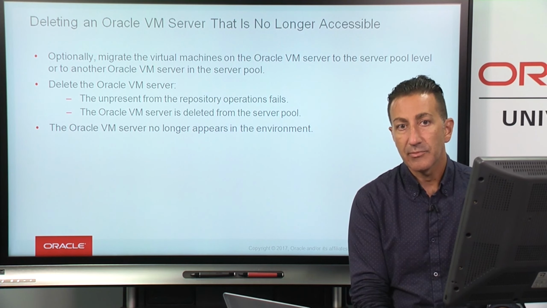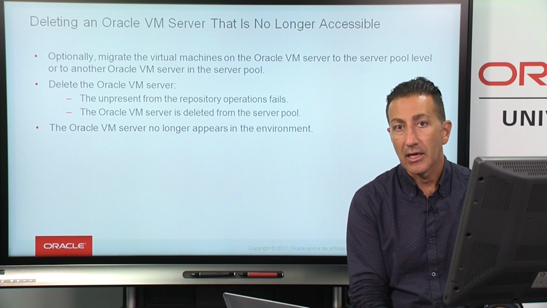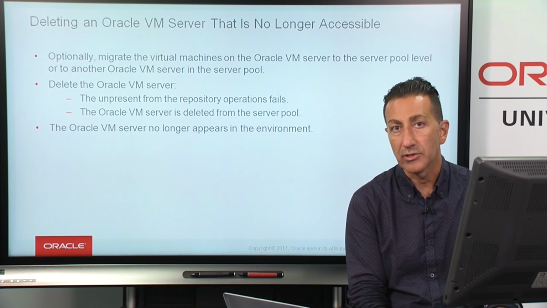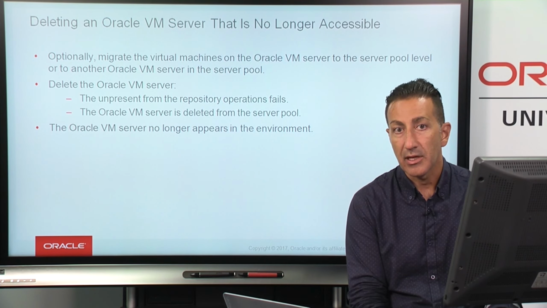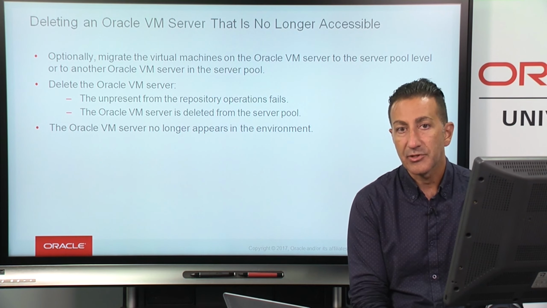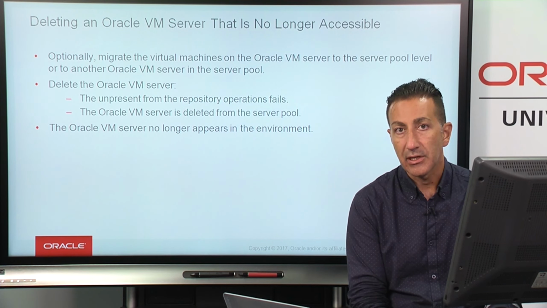To delete the Oracle VM server, the unpresent repository operation should fail because the server is not available, and the Oracle VM server is deleted from the server pool. So it automatically updates the database information, removing any entry that may reference this OVM server in the existing OVM infrastructure. And the Oracle VM server no longer appears in the environment.